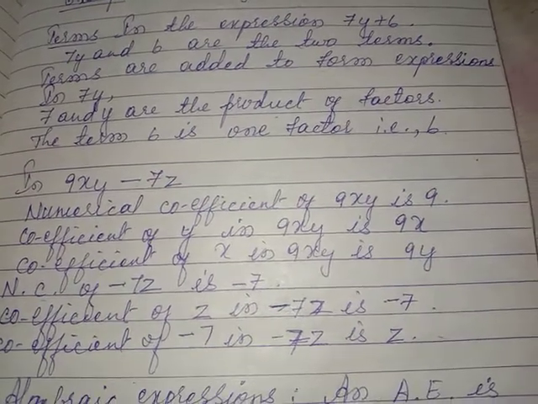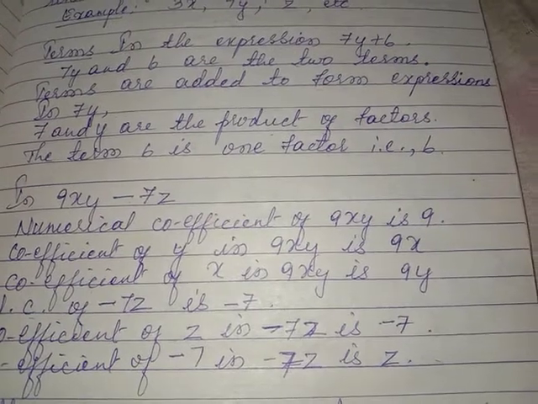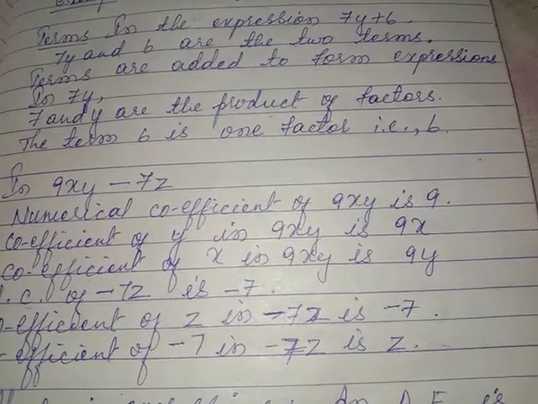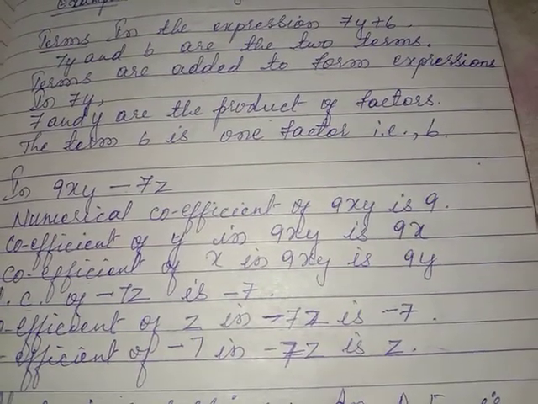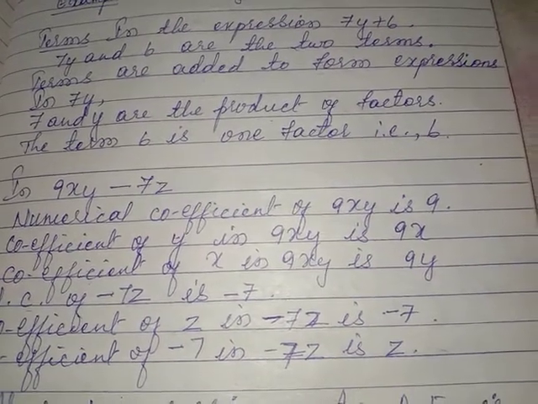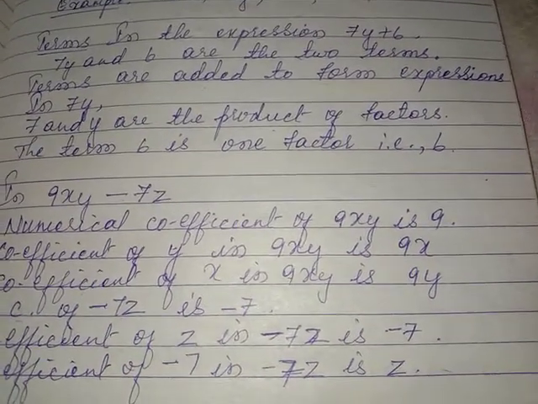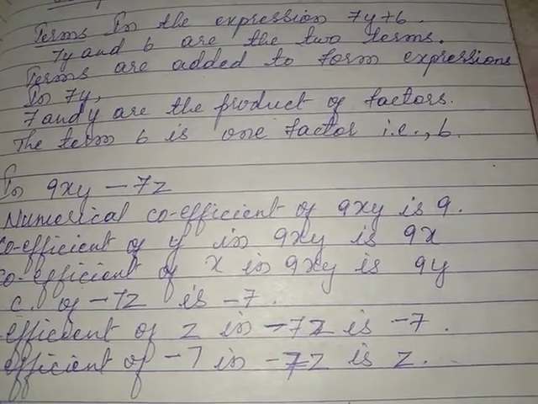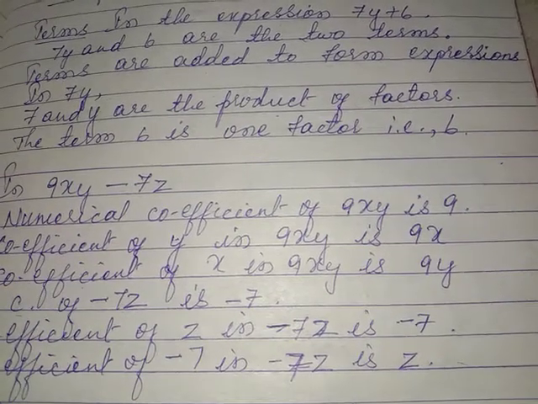Here in 9xy minus 7z, we have 2 terms: 9xy is one term, and the other term is minus 7z. Let us take 9xy. The numerical coefficient of 9xy is 9.